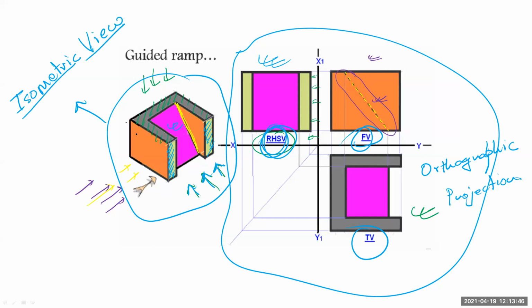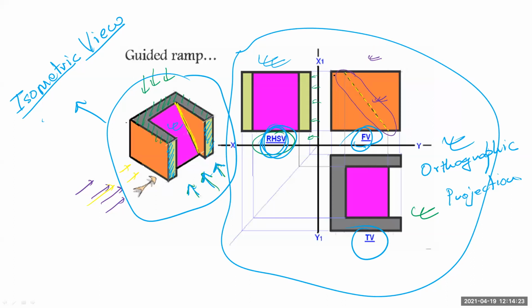So in your examination, either one of them will be given to you. If the isometric view is given, then in the question, it will be asked to draw its orthographic projections. Then you have to draw front view, top view, and any one of the side views. From a job prospect point of view, if you are going for any job interview, mechanical and civil students are normally asked these things.